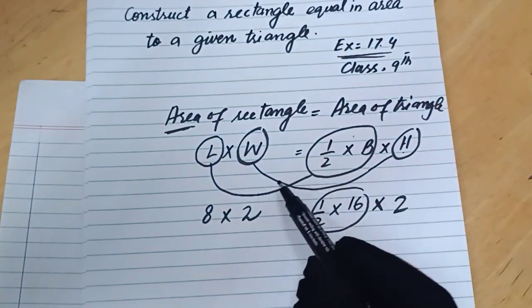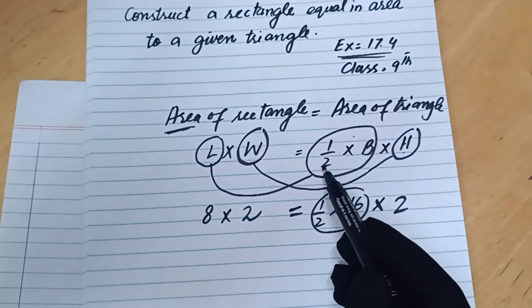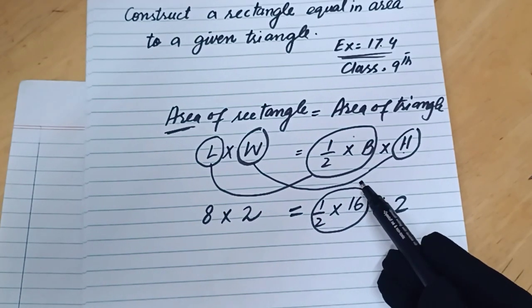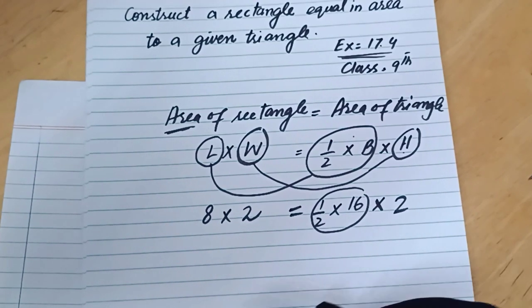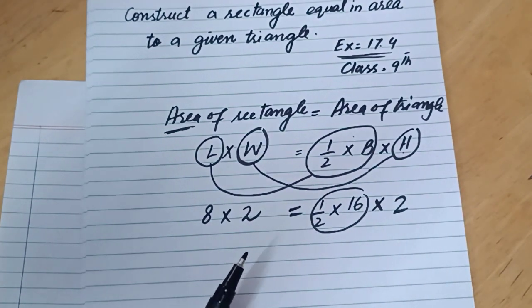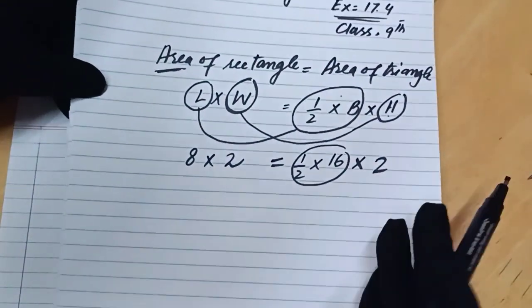Okay, that's done. So if it was 2, it will also be 2. Now half of the base should be equal to the length, or the length should be equal to half of the base. So the numbers are changing like this. The same thing will happen in the construction when we are changing from the triangle to a rectangle, or from a rectangle to a triangle. Both cases are exactly the same, vice versa.